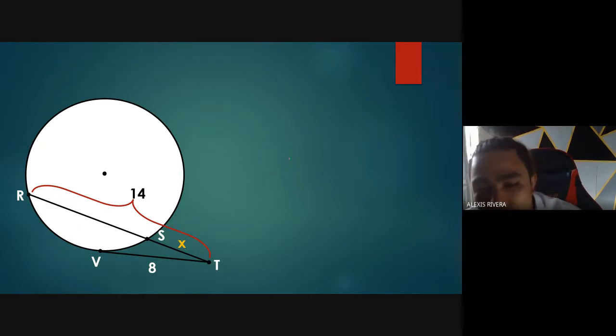Find the value of ST. What is the measurement of ST? Okay na?